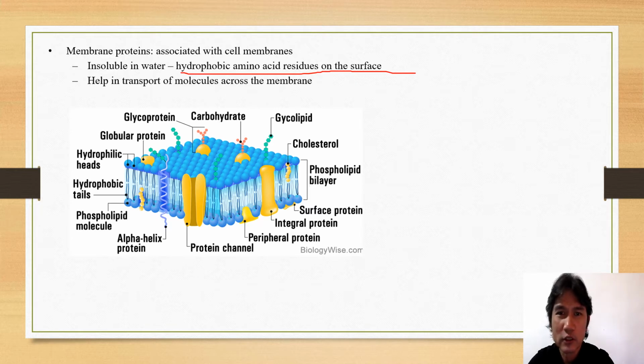They don't like water, and that's the reason why they are insoluble. What they do is they help in the transport of molecules across the membrane. They serve as channels. We call them membrane proteins.